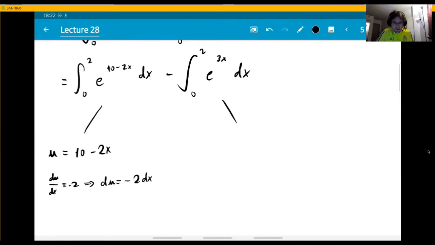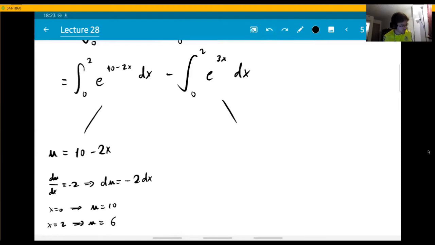So when we rewrite this integral, we're going to introduce another 1 over minus 2. And we need to figure out how the endpoints are going to change. If x is 0, then u is 10. And if x is 2, then u is 10 minus 2 times 2, 10 minus 4 is 6. So I'm just looking at the relationship between u and x to get the u values.